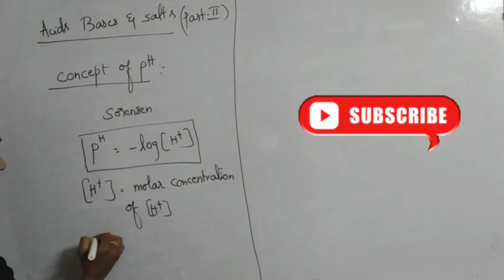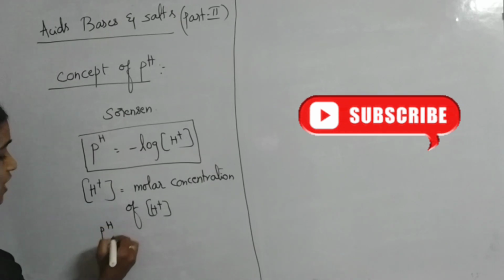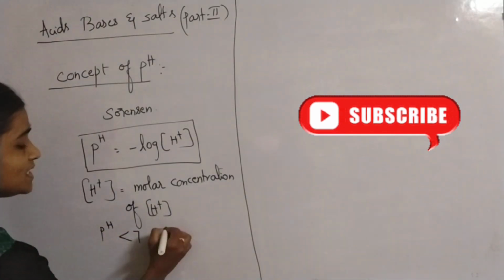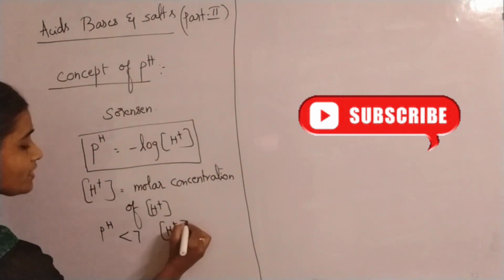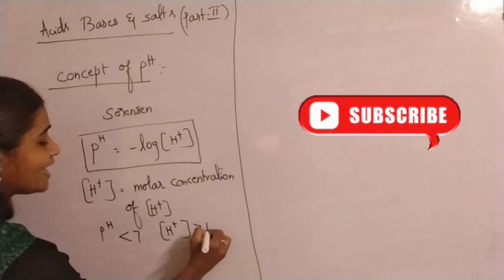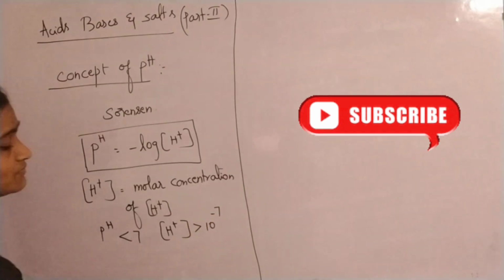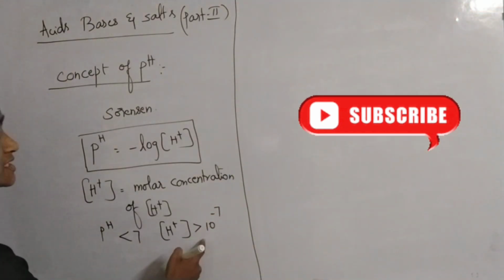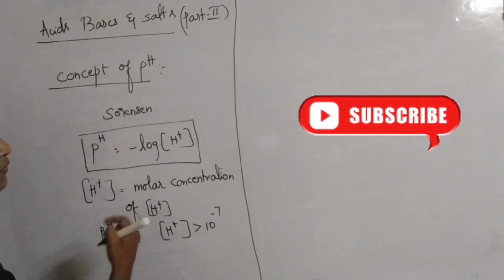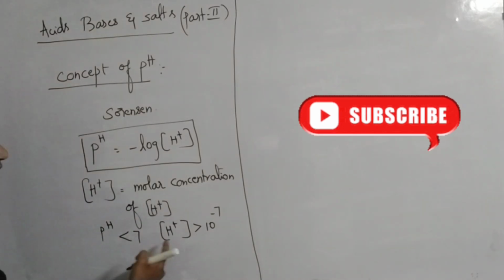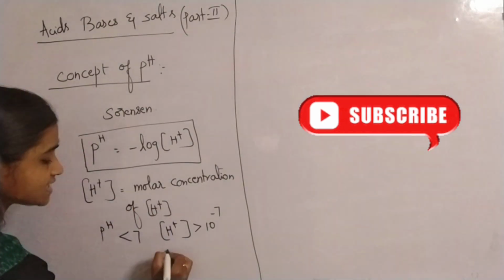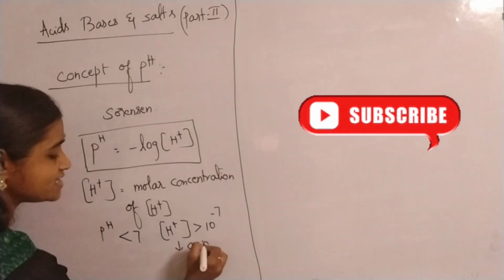Generally for acids, pH is always less than 7. That means the H plus ion concentration should be greater than 10 power minus 7. If the H plus ion concentration is more than 10 power minus 7, then the substance is considered to be acidic in nature.